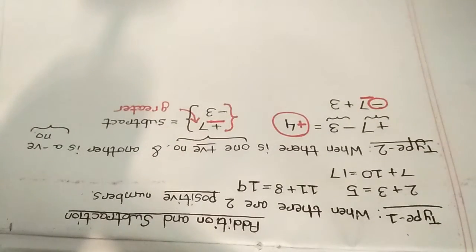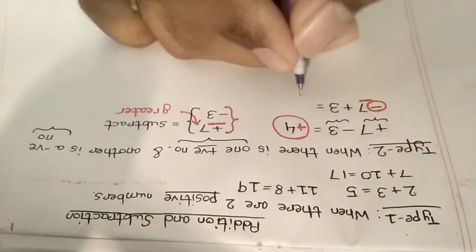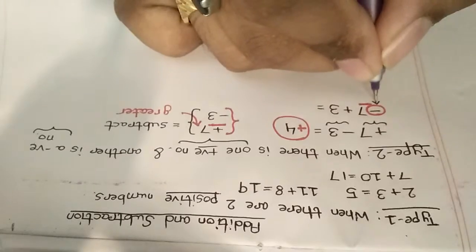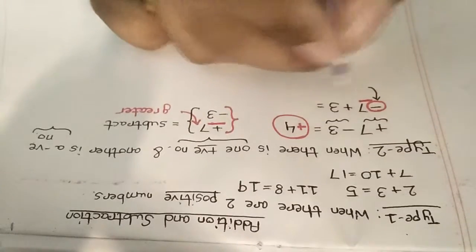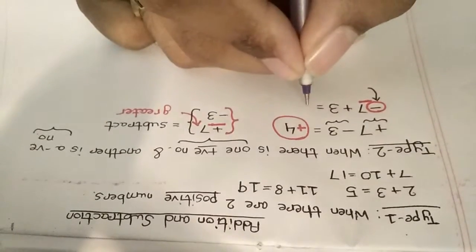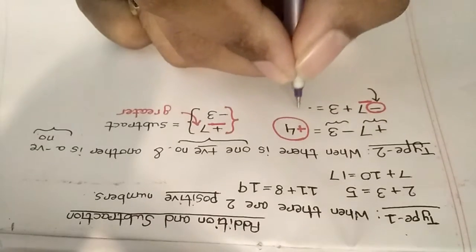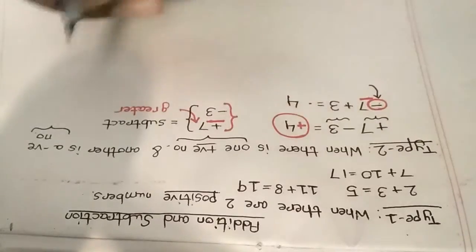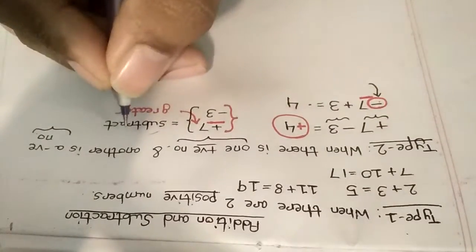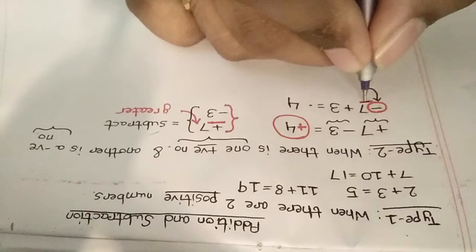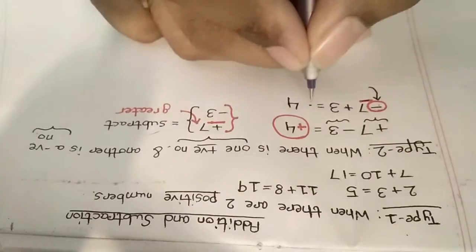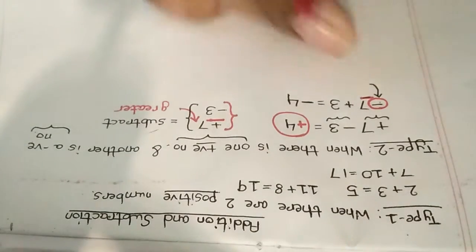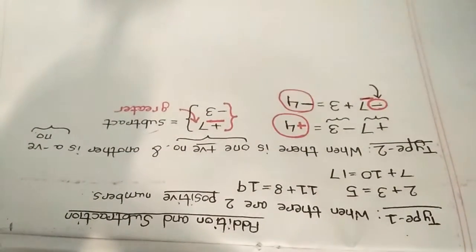So while doing addition and subtraction with both the numbers, since negative 7 is over here and 7 is the largest number, the answer would have a magnitude of 4, because one negative one positive means that we have to do the subtraction. And whatever sign the greater number has, the answer takes that sign. So here the answer would be negative 4.